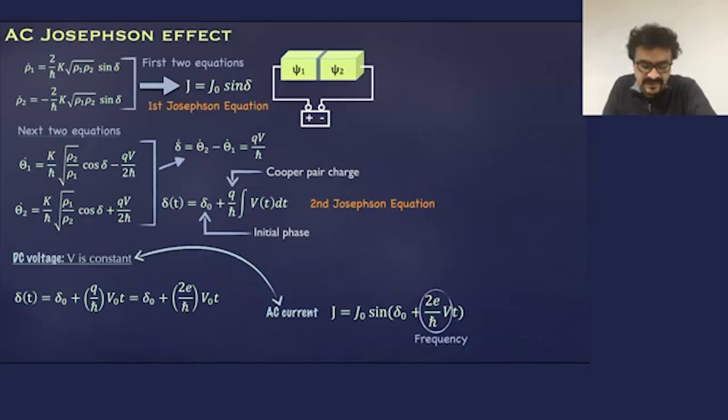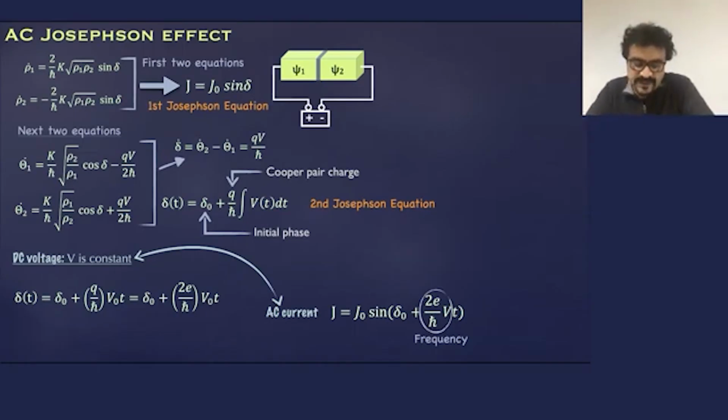And similarly for θ2 dot, the rate of change of the phase on the psi2 side, it is κ by h bar, where κ is a coupling constant, ρ1 and ρ2 are the densities, delta is the phase difference, plus qV by 2h bar. So the voltage is symmetrically applied between the two sides: half of the voltage on the right side, half on the left side.